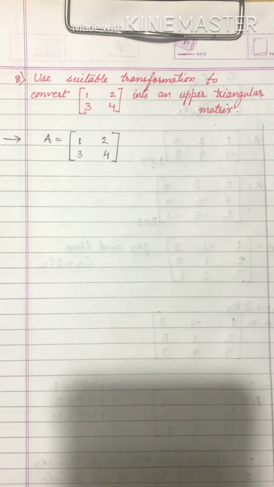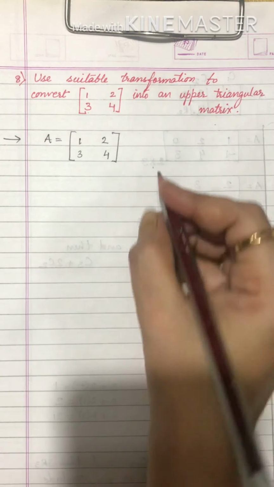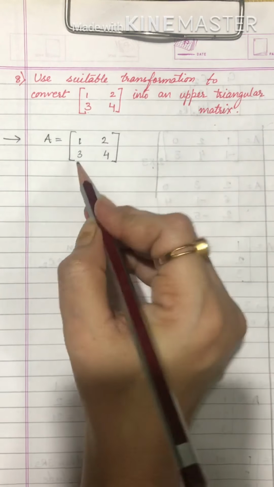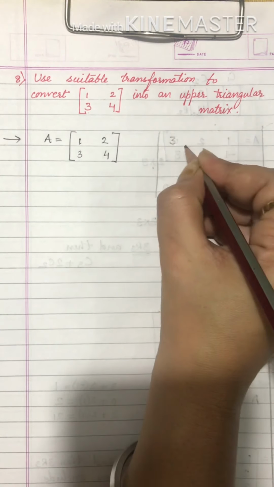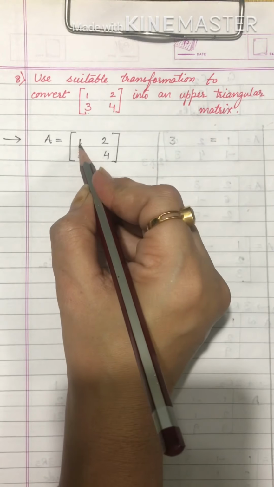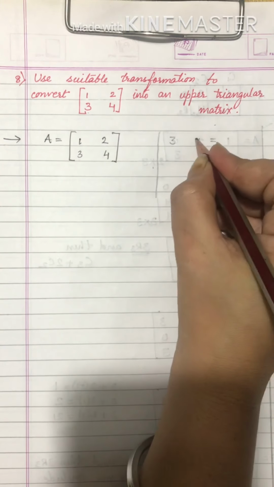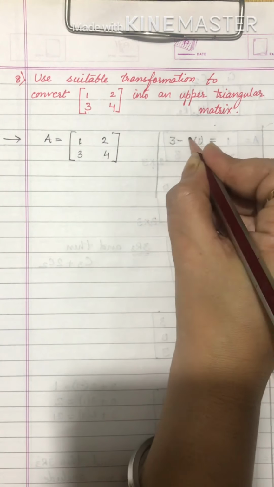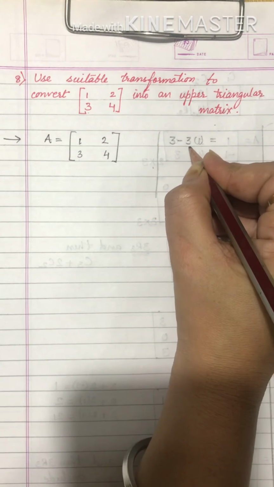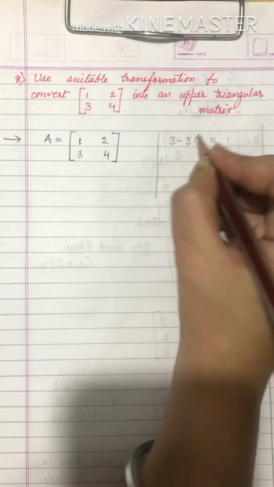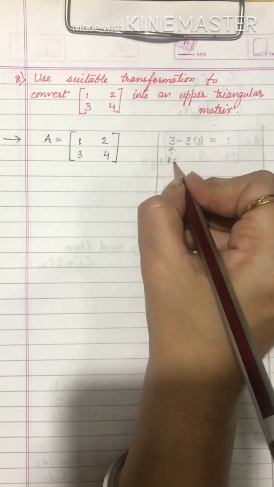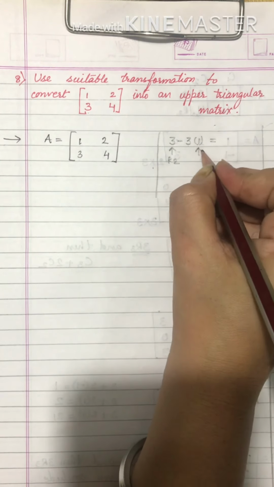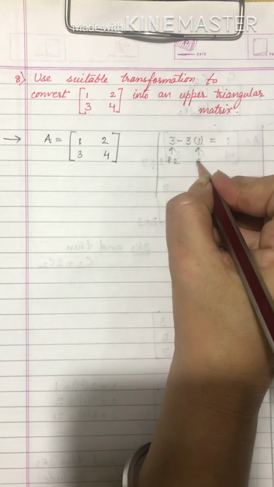I'll try to explain this roughly here. So how do I do this? I have to make 3 into 0 by using this 1. So what I can do is subtract, multiplying this one by 3. What is this? The element taken from row 2. And what is this one? The element taken from row 1.